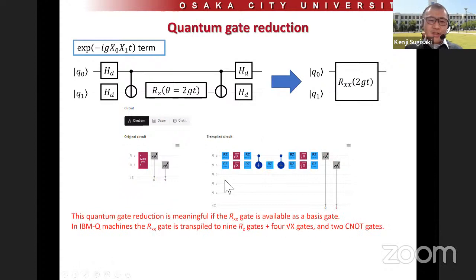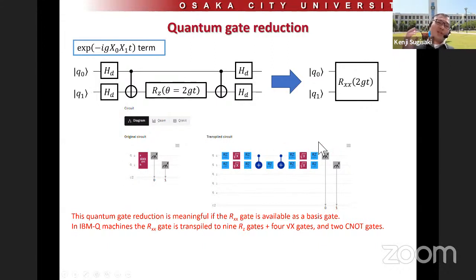So in this case, this RZ, root X, RZ corresponds to the Hadamard gate, and then single RZ, single RZ, single, and apply another Hadamard gate.